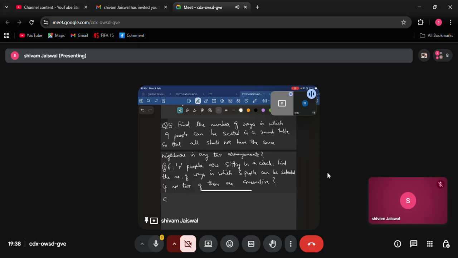All of them should not have the same neighbors in any two of the arrangements. So try to understand. I'm taking only 5 people. Let us say in one of the arrangements, A's neighbors will be B and C. Yes or no?